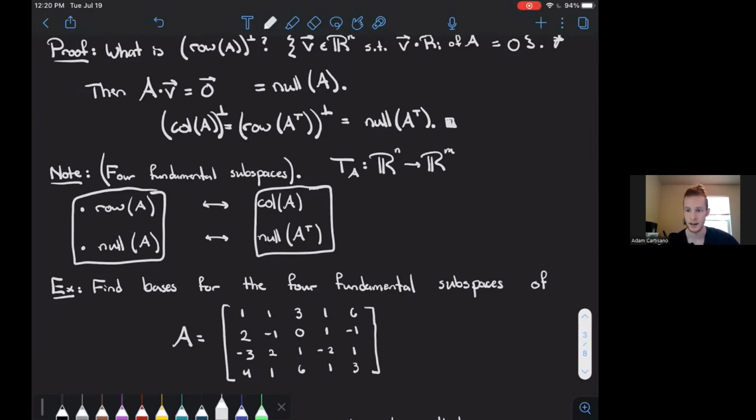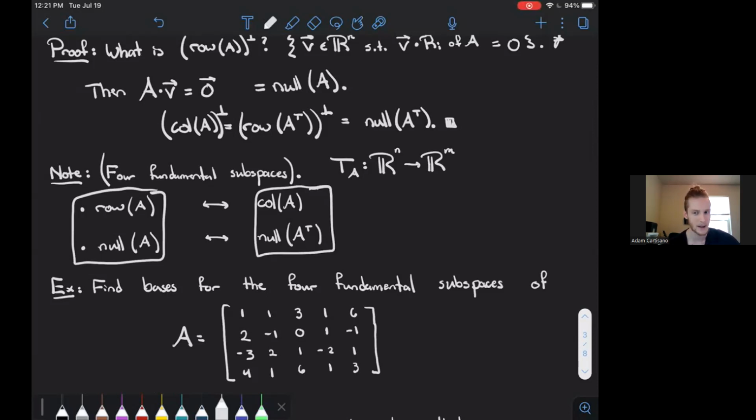The set of vectors that it hits is called the range, right? And you remember this from learning about domain and range in algebra class or something. The range is the set of things that get hit by your function, and it's not necessarily the entire codomain. That's what the column space of A is measuring. It's the range of the linear transformation.